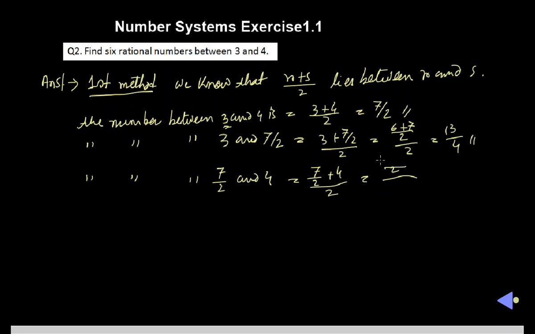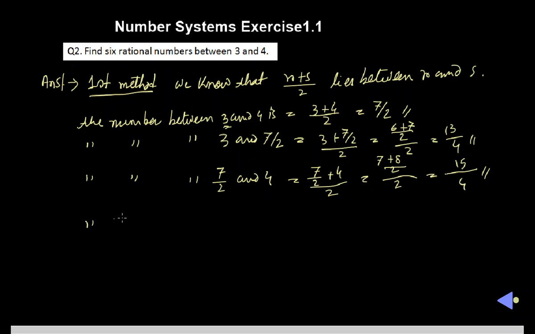It is 7 plus 8, and dividing by 2 means multiplying by 1 by 2. So it becomes 2 times 2, which is 4, and here it is 15. That is our third value. In this way we can find lots of numbers, for example between 15 by 4 and 7 by 2.